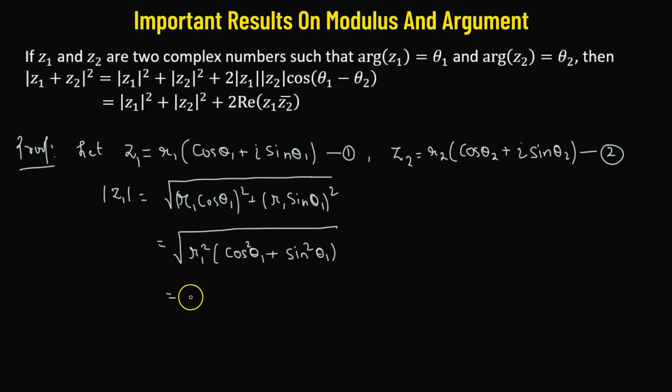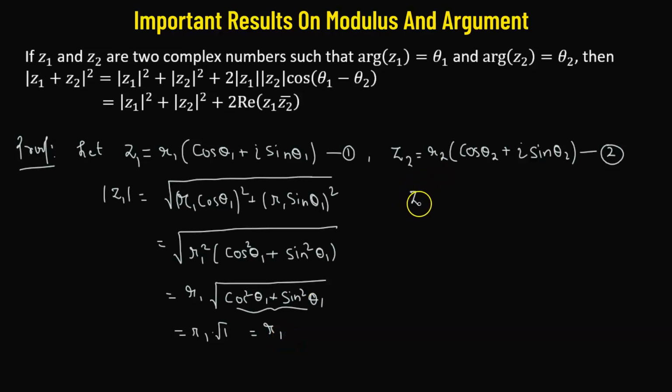Or, the square root of r1 squared is simply r1, which will be multiplied by the square root of cosine squared theta 1 plus sine squared theta 1. And we know that this is an identity with a value of 1, so we have r1 multiplied by the square root of 1, so this is simply going to give us r1.